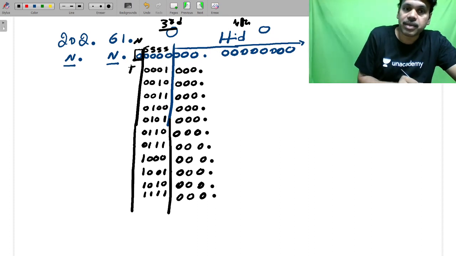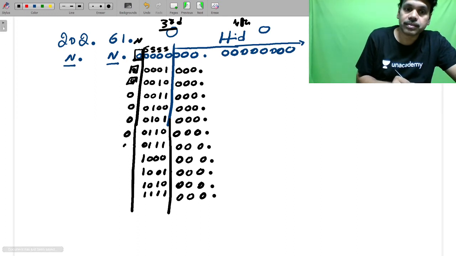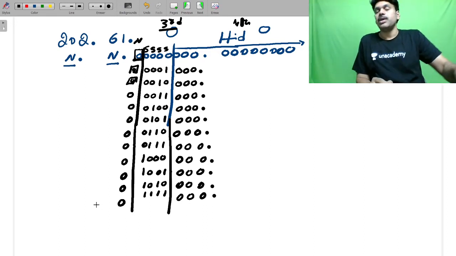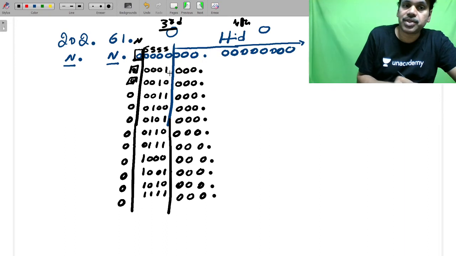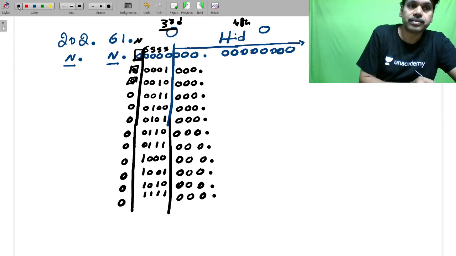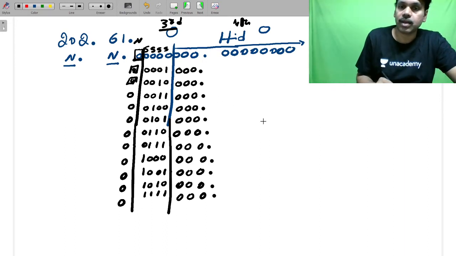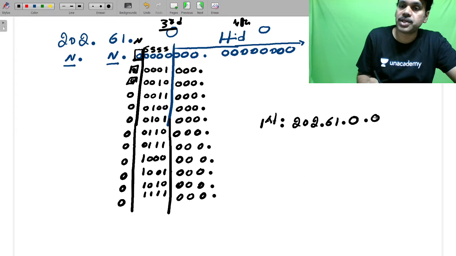And the starting number is 0 because that is an ID. Now you read what the subnet numbers are. The first subnet number is 202.61.0.0.